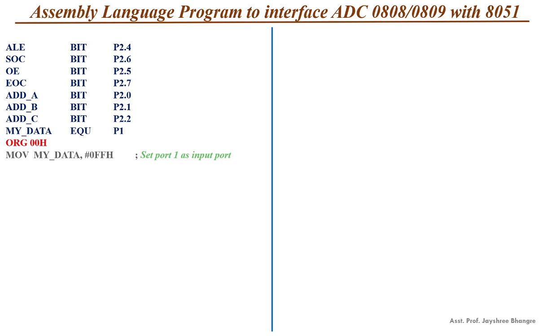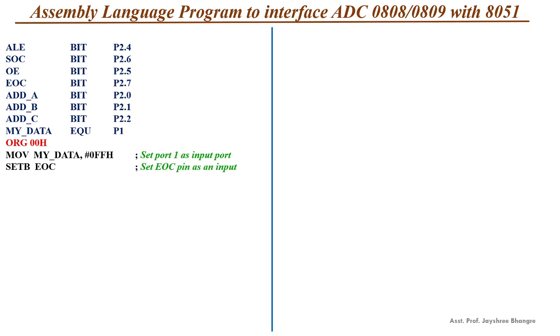So here our main program will start. As port 1 is an input port, we are configuring this port as an input port using the instruction MOV my data, #0FFh. Now here instead of port 1 we are using my data.